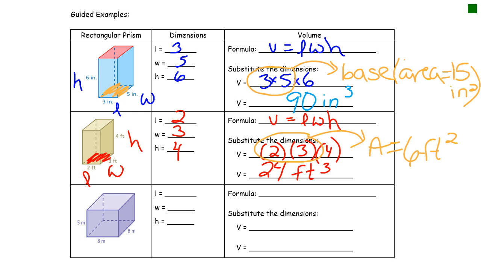And again, you can just type all that in your calculator all at once. 2 times 3 times 4, you'll get 24. You just need to do feet cubed when you label your answer.